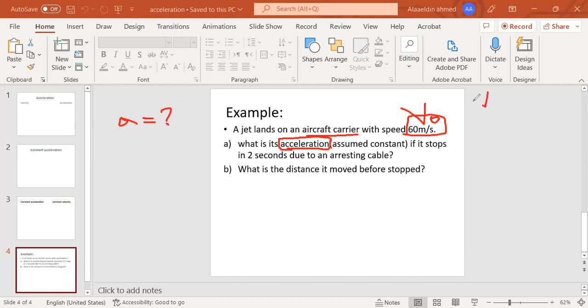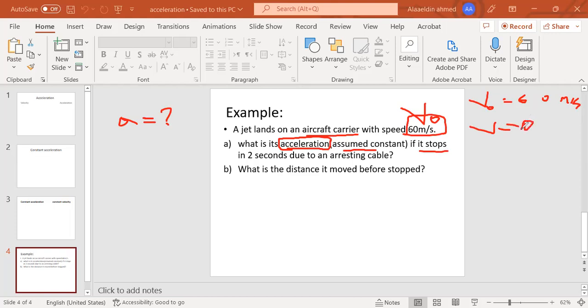So the data we have: v naught equals 60 meters per second, and he said the acceleration is assumed constant. If it stops in 2 seconds, the aeroplane stops, so the final velocity equals 0.